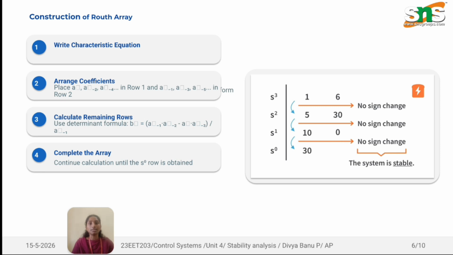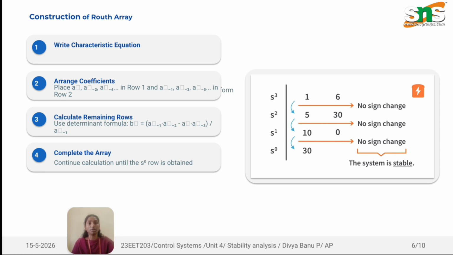Let us consider a characteristic equation like s^3 plus 5s^2 plus 6s plus 30. For this characteristic equation, we form a Routh array: the first power is s^3 and the next power is s^2. The s^3 coefficient is 1 and the s^2 coefficient is 5, and again s^1, which is an odd power, has coefficient 6.